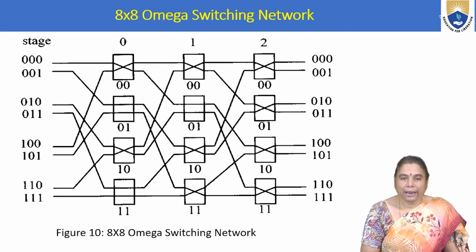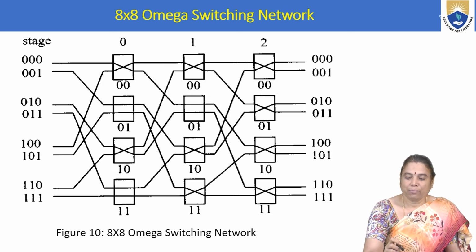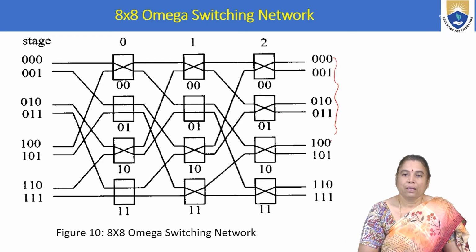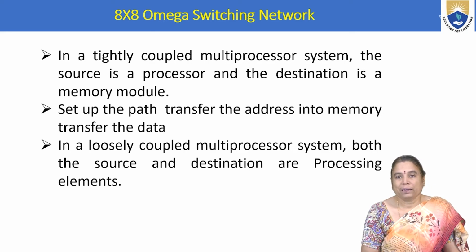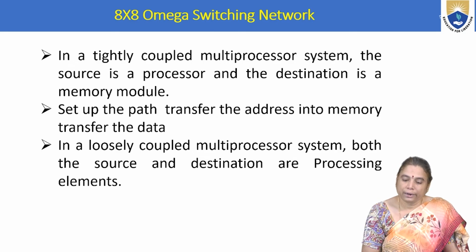And this is the 8x8 omega switching network. So the stages can be connected with 8x8 switches in order to produce the binary combinations to connect to the concerned memory modules. So in a tightly coupled multiprocessor, this 8x8 omega switching network can be used so that the memory can be connected tightly to that particular processor for sharing the data.